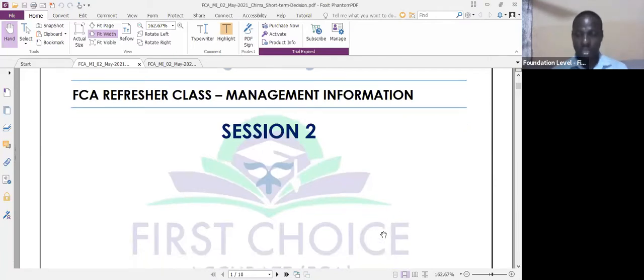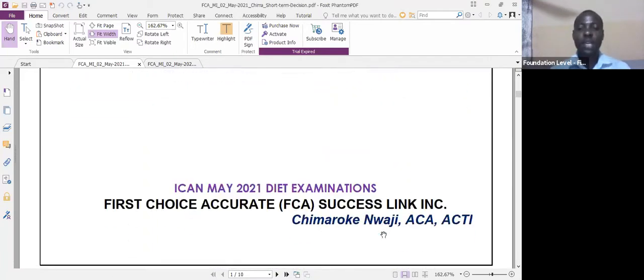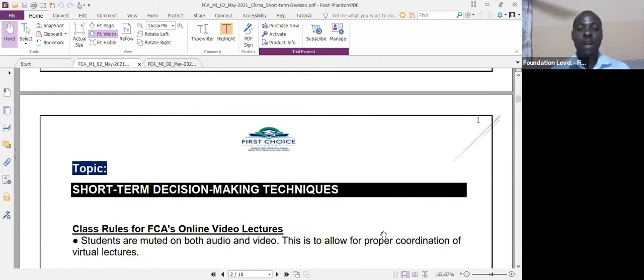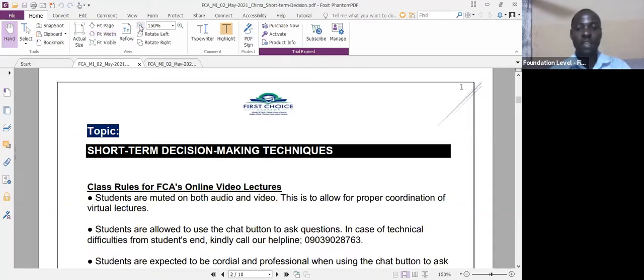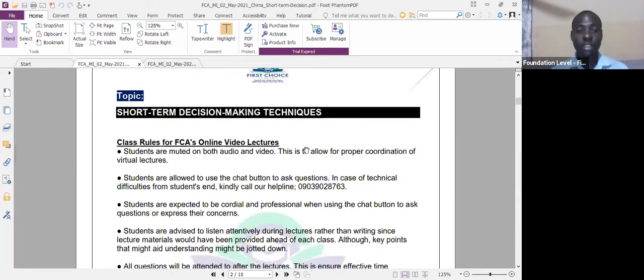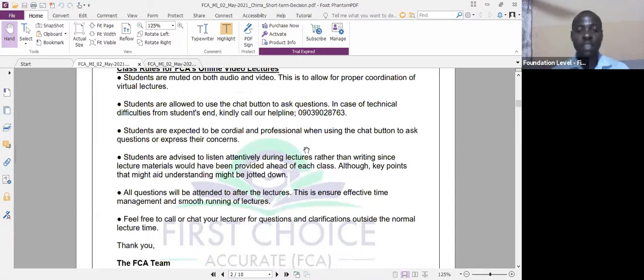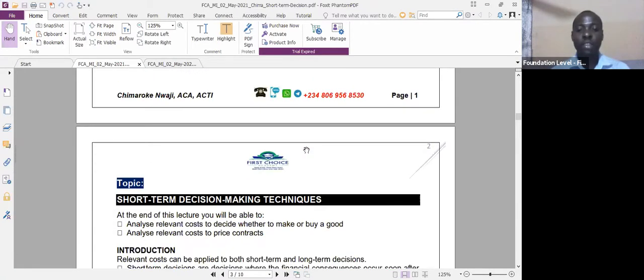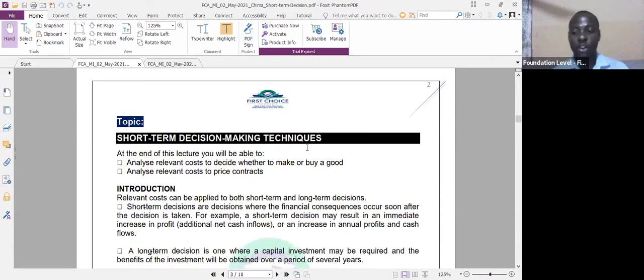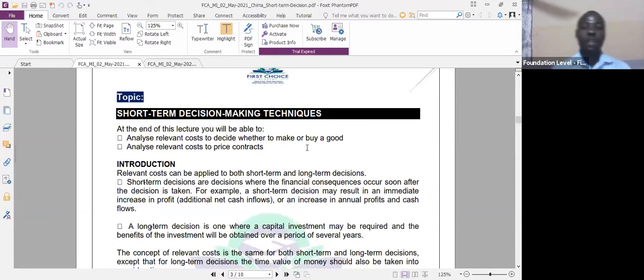So let's begin. Today, we are going to be talking about short-term decision-making techniques. Now, these short-term decision-making techniques are those techniques that have to do with relevant costs. Relevant costs can be applied both to short-term and long-term decisions.